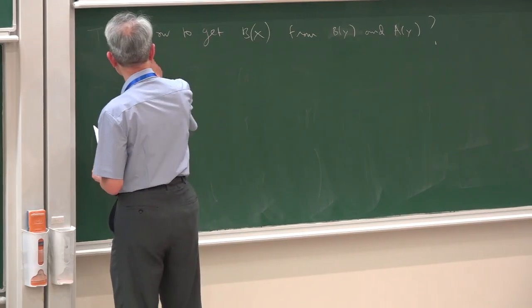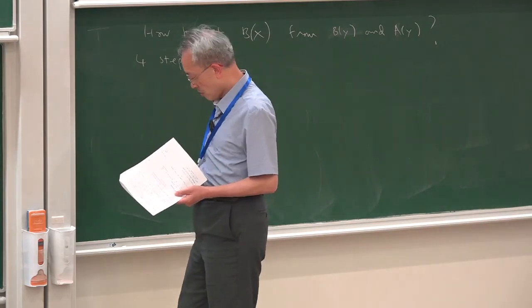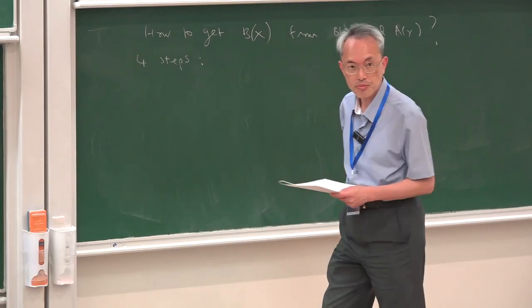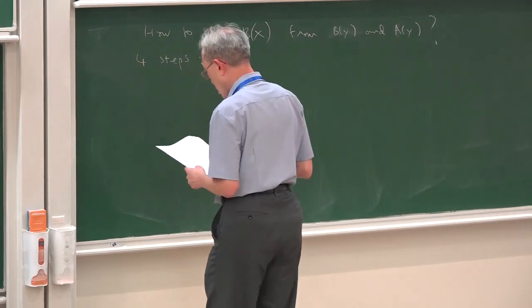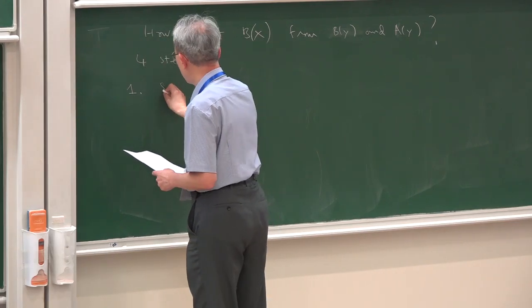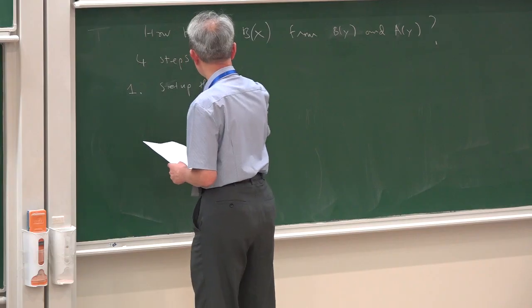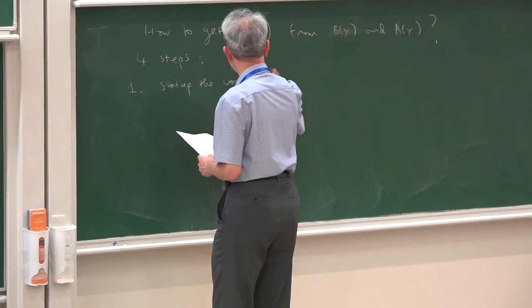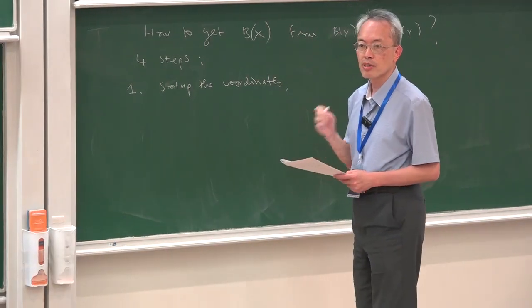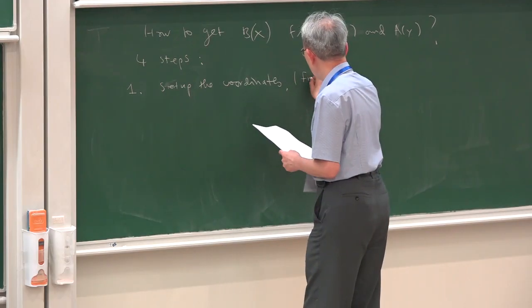Okay, there are 4 steps. So the first one, we need to set up the coordinates. In order to do any computation, I need to set up the coordinates. This is basically due to freedom.